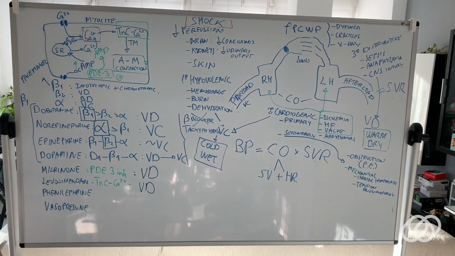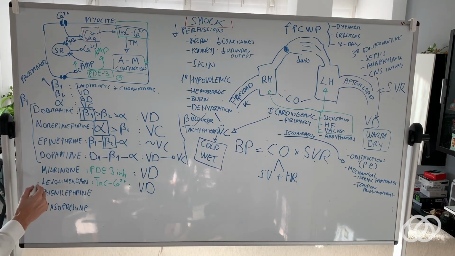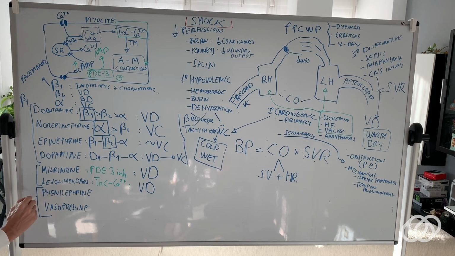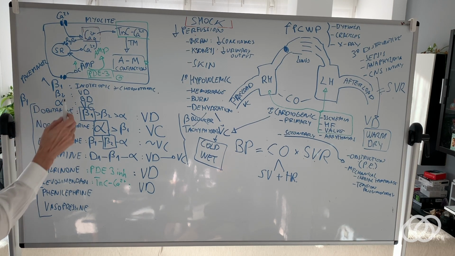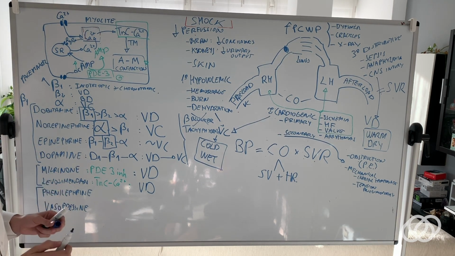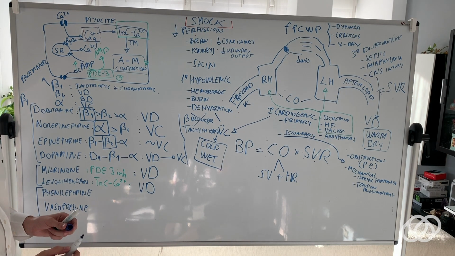And finally, we are going to mention two vasopressors. Those are phenylephrine and vasopressin, the ones that we are going to mention now. They are not inotropic agents. They do not enhance cardiac contraction. They only produce pure vasoconstriction.